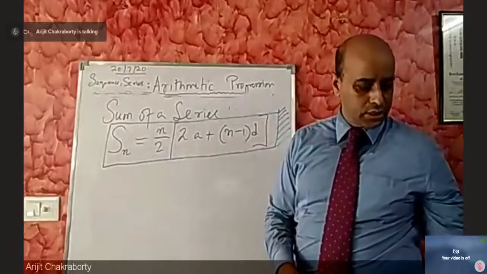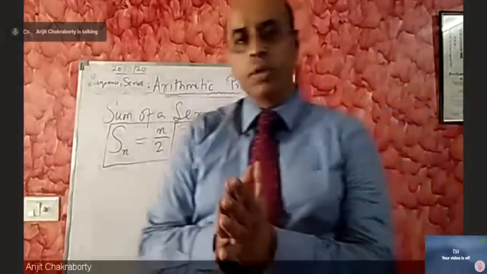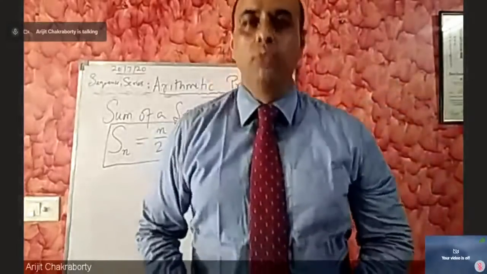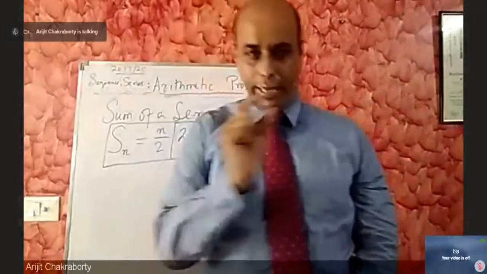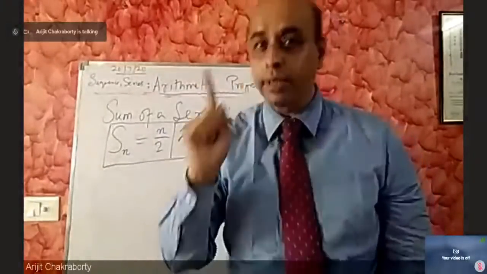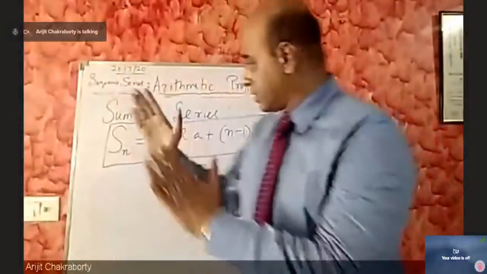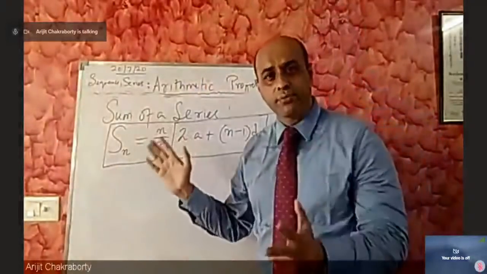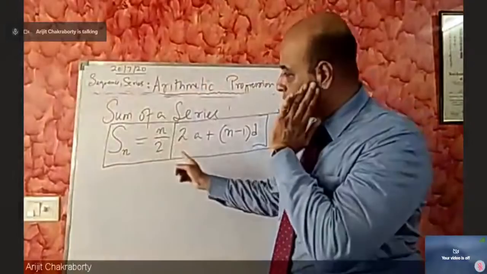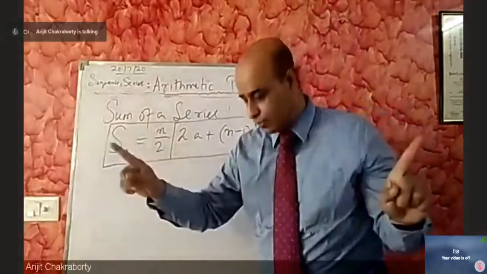This is the sum. So we have two formulas. To find the nth term we have Tn equal to A plus n minus 1 into D, where A is the first term and D is the common difference. This second formula is used to find the sum of the series.